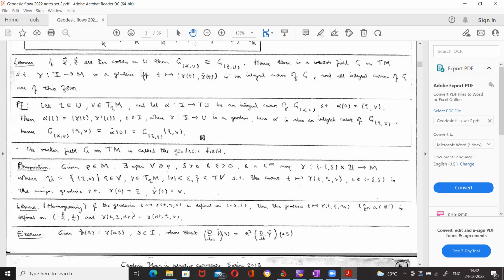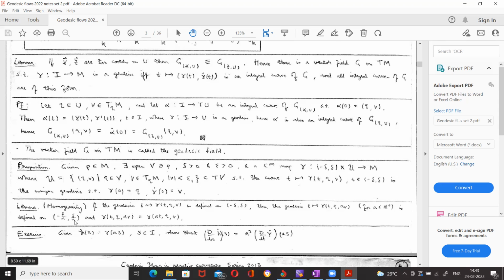If t maps to gamma(t, q, v) is a geodesic defined on the interval minus delta to delta, then if I look at the geodesic t maps to gamma(t, q, av), so I have the same initial starting point, but I multiply the initial velocity by a positive scalar a, then I get another geodesic. This geodesic will be defined at least on the interval minus delta over a up to delta over a.